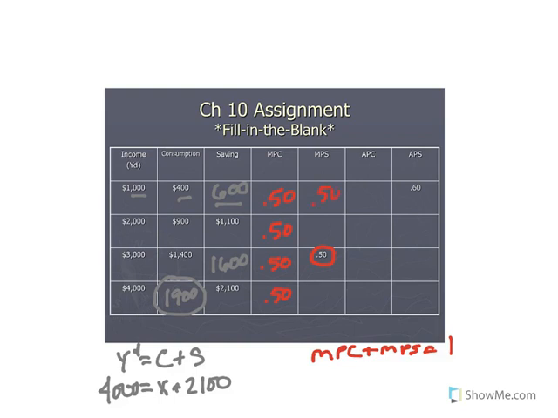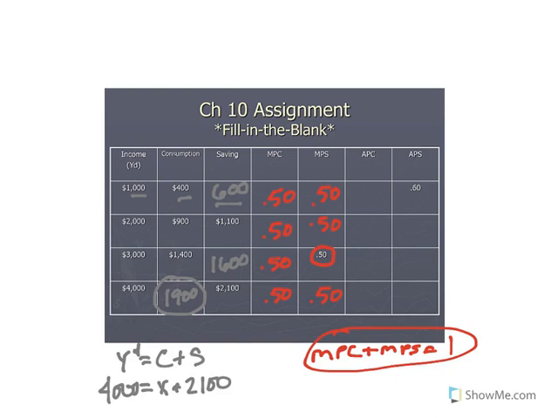So again, that means that my MPS had to be 0.5 also at all the different levels of disposable income. So just the fact that I gave you that one piece of information, that 0.5 at a disposable income of 3,000, allowed you to use our shortcut of MPC plus MPS equals 1 and then easily fill in the data for all of the different rows.